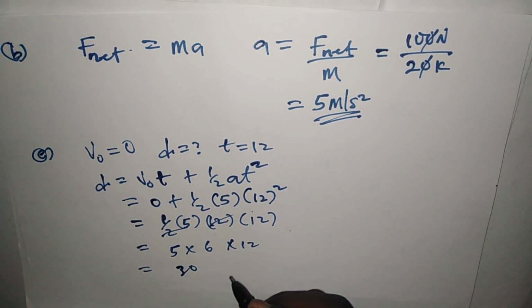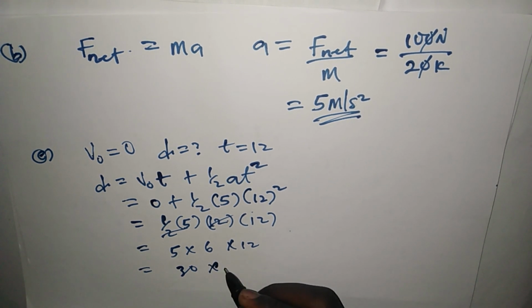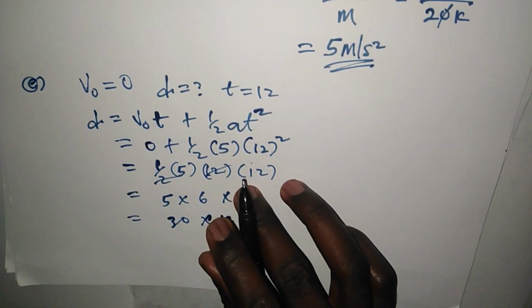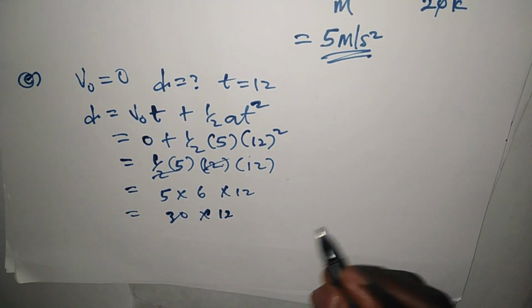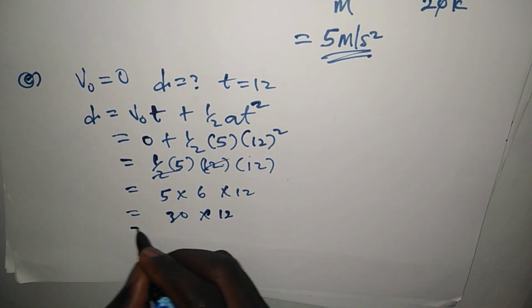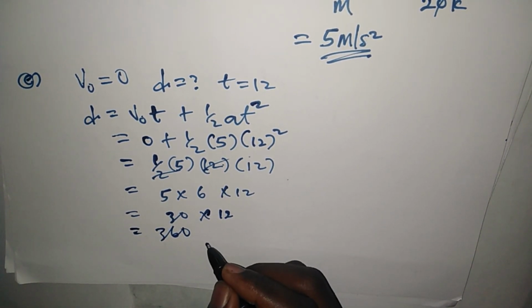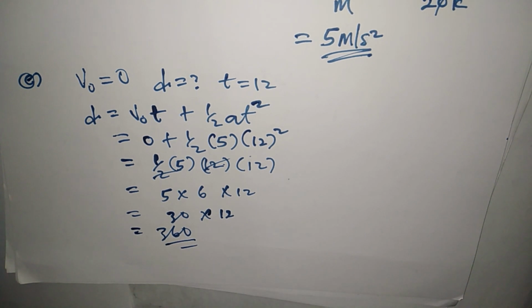Now, 30 times 12 is going to be equal to 360. So the box traveled 360 meters in 12 seconds.